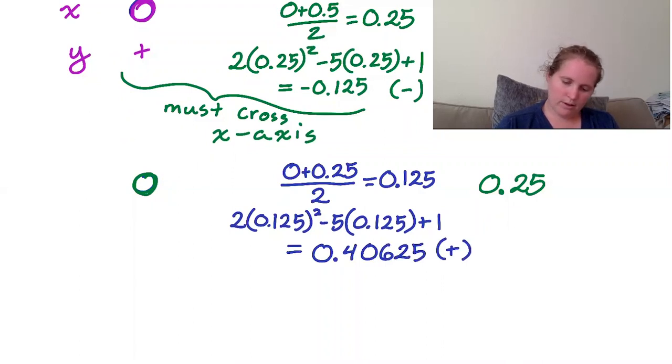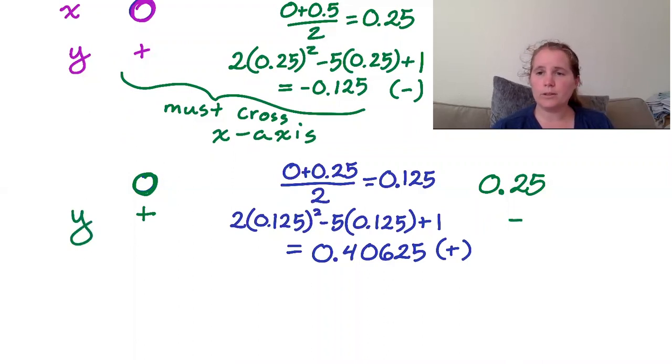So again, we had a positive y value at 0. We had a negative y value at 0.25. And at 0.125, we are positive again. So we don't switch signs from the ends of 0 and 0.125.